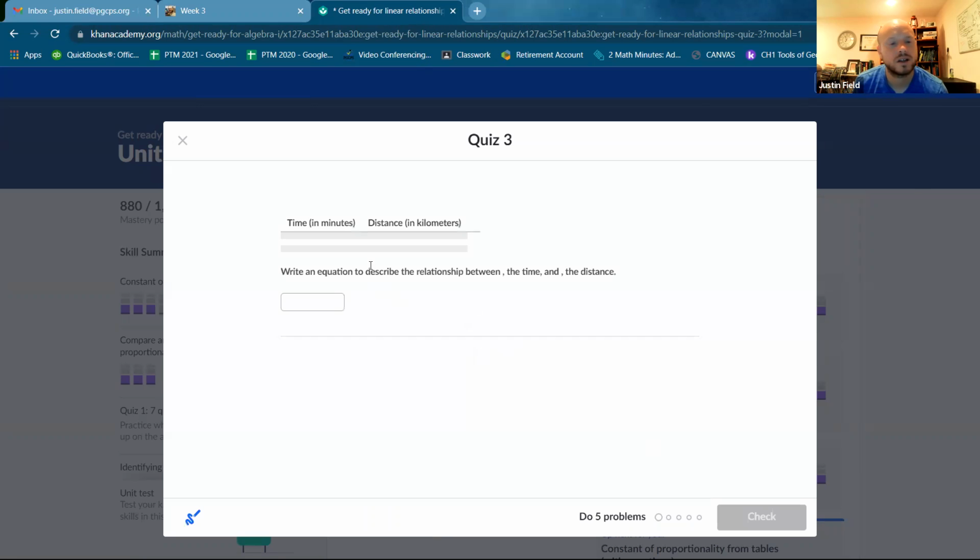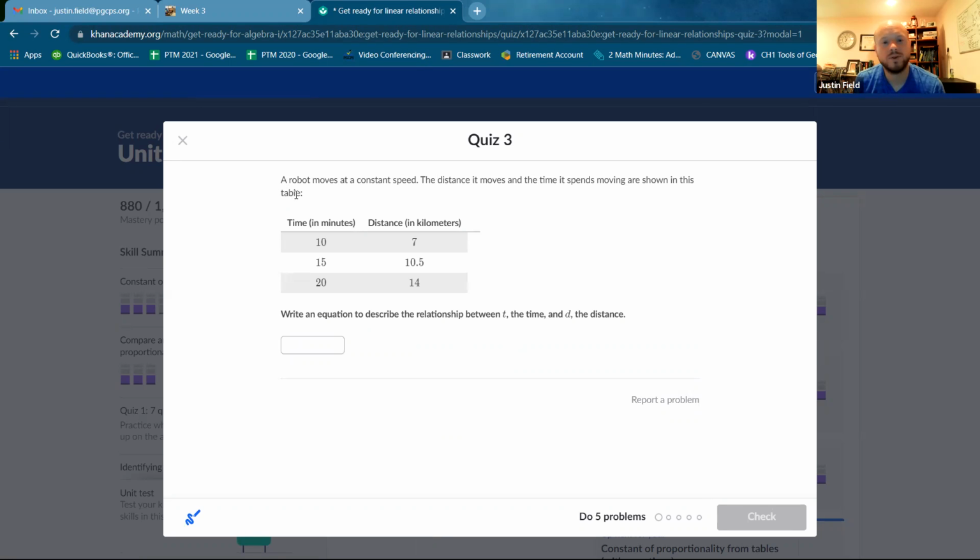Quiz 3. A robot moves at a constant speed. The distance it moves and the time it spends moving are shown in the table. Write an equation to describe the relationship. Okay. So is this proportional again? I think so. What we would do to figure that out is just divide all of the numbers.